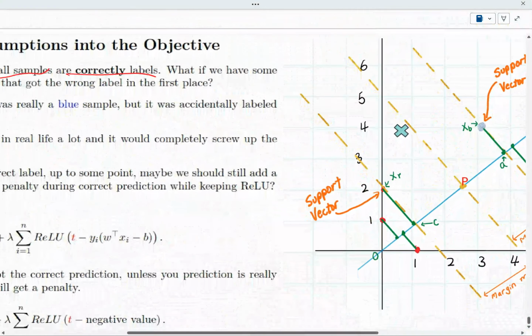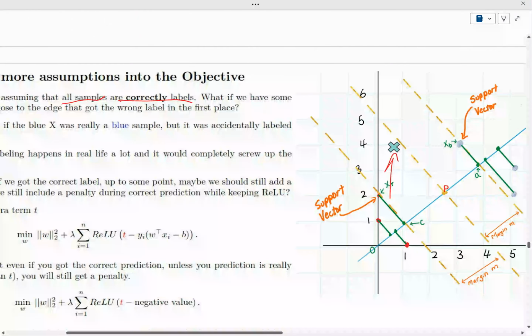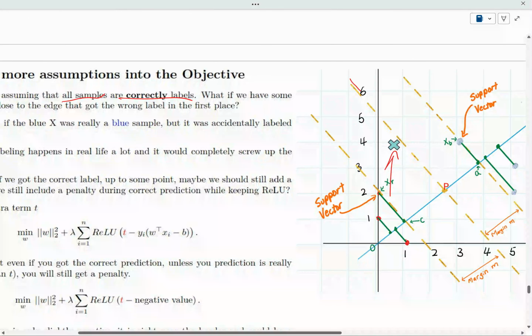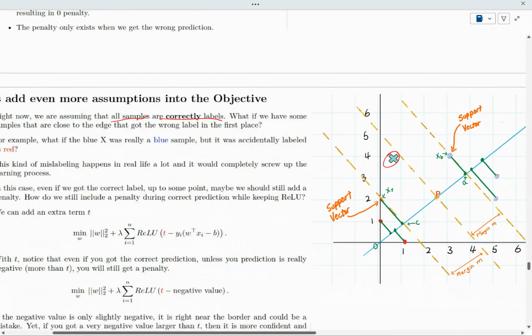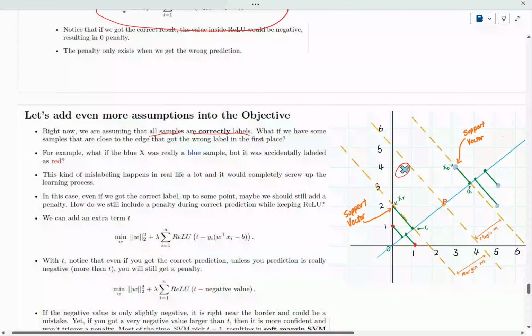So let's look at this x. This value, because it's below the line, is going to be called part of red. However, because it's so close, there's a chance that this was just wrongly labeled. So what if this was actually blue instead of red?